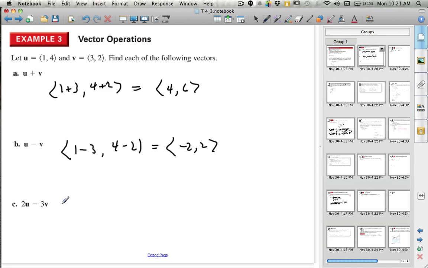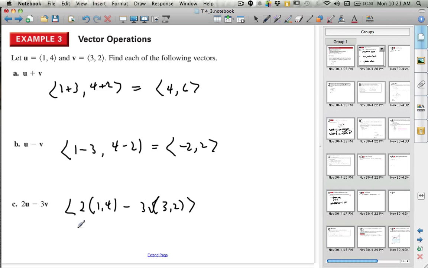And then when we work with a scalar, that's going to be 2 times 1, 4, minus 3 times 3, 2.